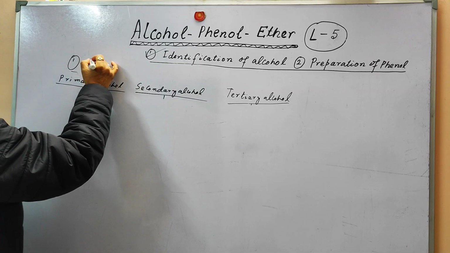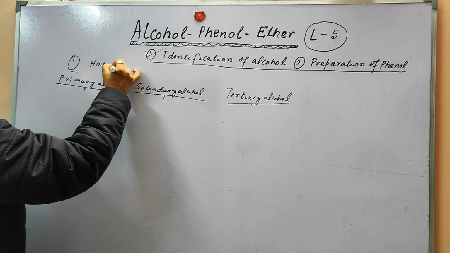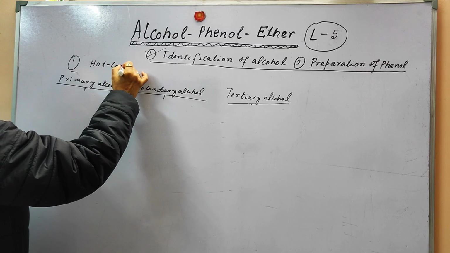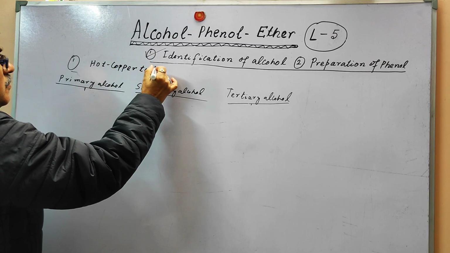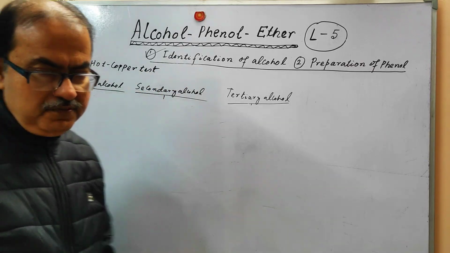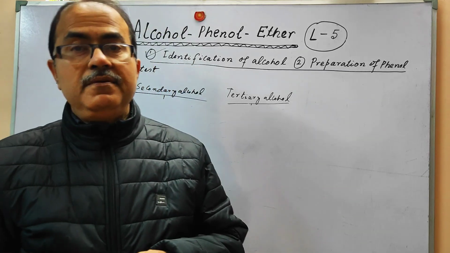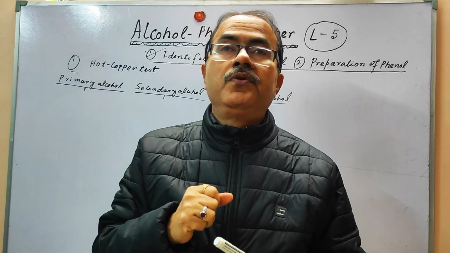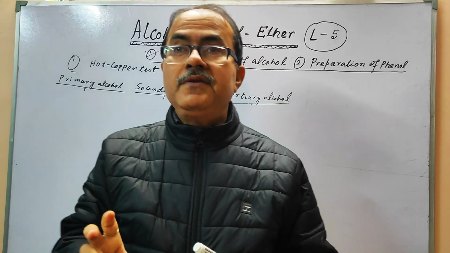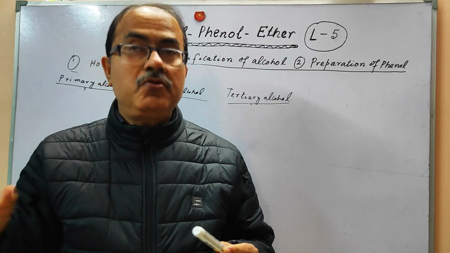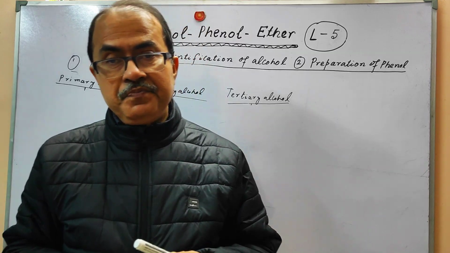The third test is the hot copper test. In this test, the vapors of the alcohol, whether it is primary, secondary or tertiary alcohol, are passed through hot copper. The hot copper is at a temperature of 573 Kelvin.